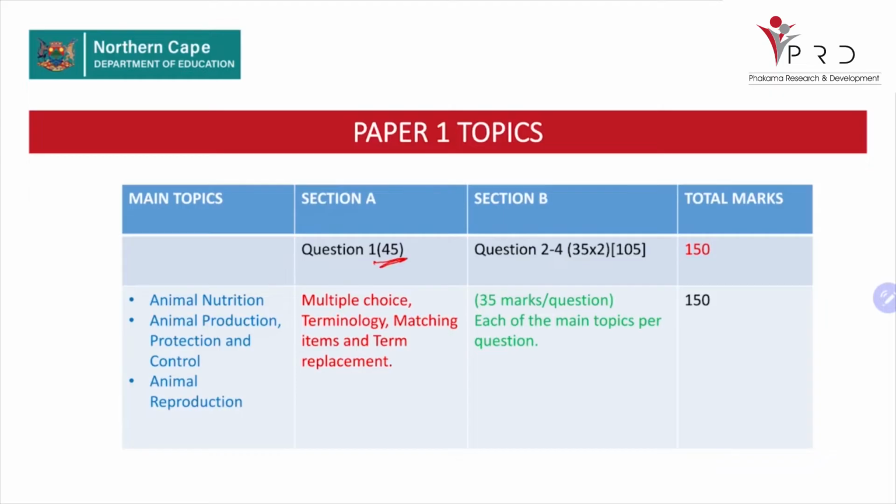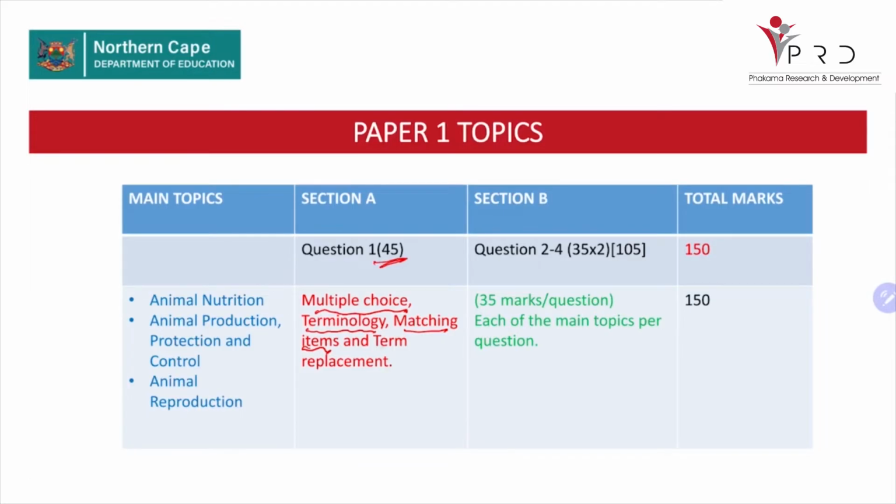In that 45 marks, you have the multiple choice questions, which are out of 20 marks. You have the matching items, where you are given 2 columns, column A and column B, which is 10 marks. We also have terminology, which always gives problems, but we need to work hard in order to get what is expected by the examiners.